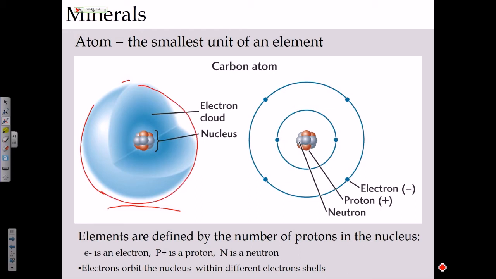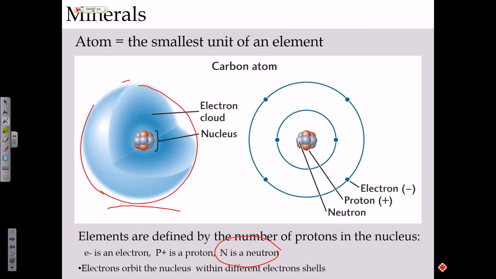Within the nucleus, we have protons, which have a positive charge, and the neutrons, which have no charge. It sounds like they should be negative, negative. They're not. Neutrons are neutral, zero charge, as I've shown you down here on the bottom right-hand side. So this cloud doesn't show us where the electrons are. It just shows us that they exist somewhere in this field.